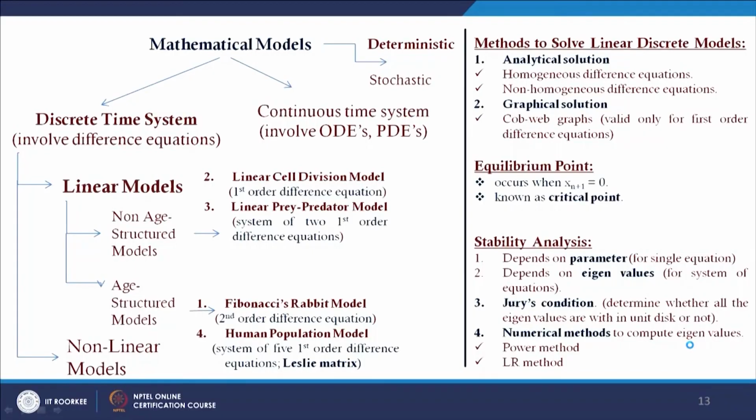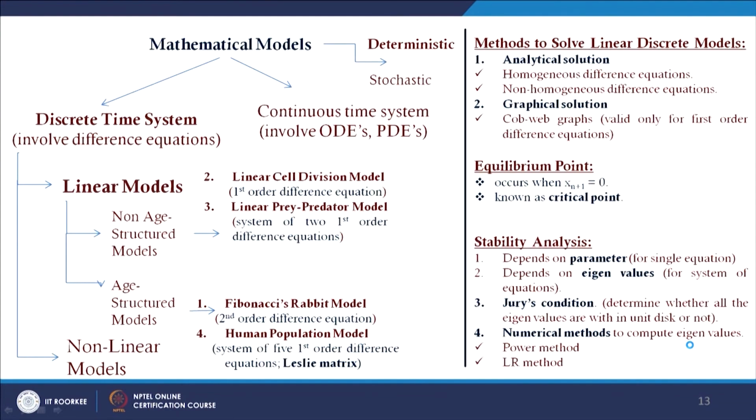In the first lectures we discussed what mathematical models are. A mathematical model is nothing but an abstract model that uses mathematical language, and we considered deterministic and stochastic models.